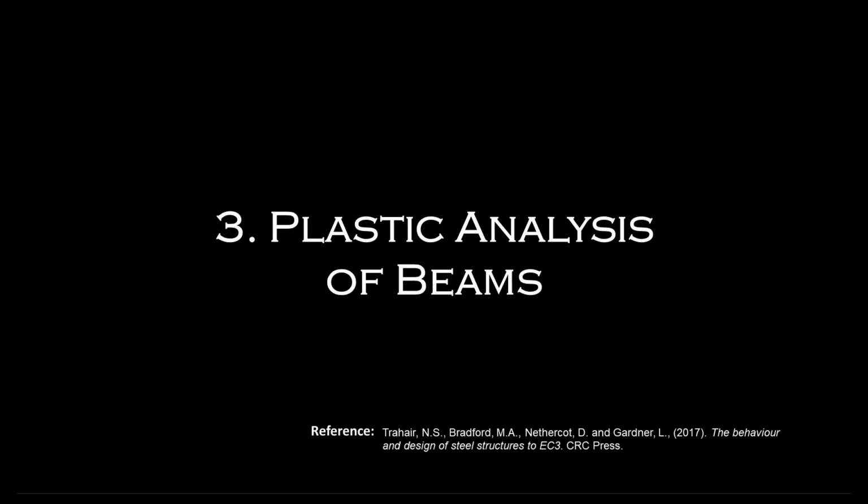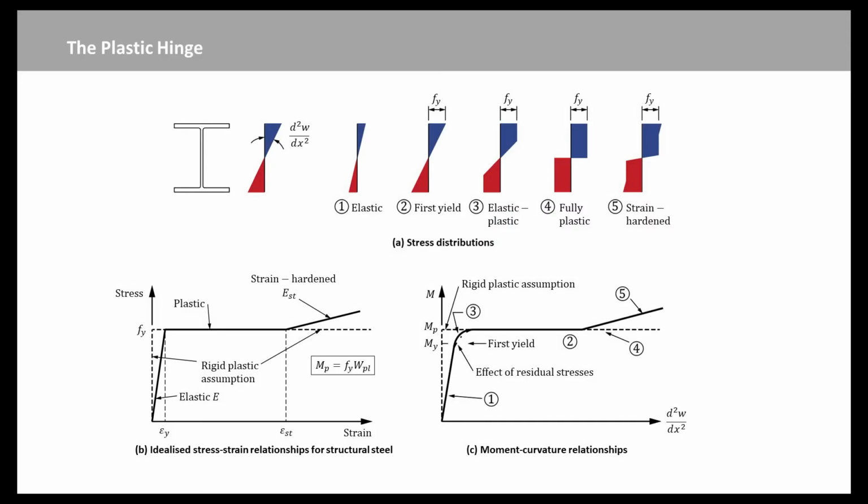Next, we will introduce the plastic analysis of beams. As the load on a ductile steel beam is increased, the stresses in the beam also increase until the yield stress is reached. With further increases in the load, yielding spreads through the most highly strained cross-section of the beam until it becomes fully plastic at the moment Mp.